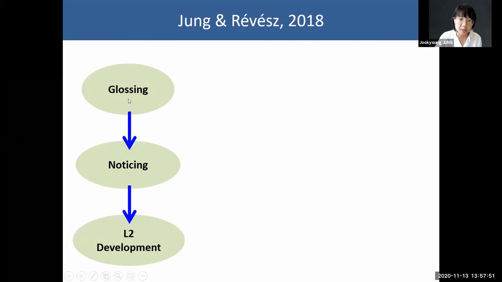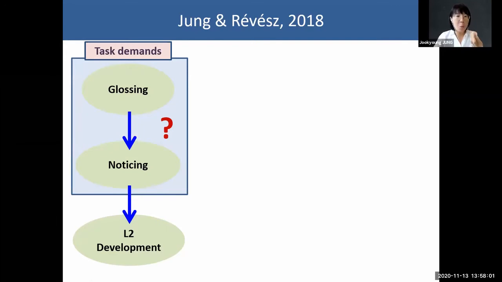We do glossing so that learners can be more likely to notice the glossed items, resulting in learning of those glossed items. But our question was, would the amount of noticing as measured with eye movement vary depending on the amount of task demands?